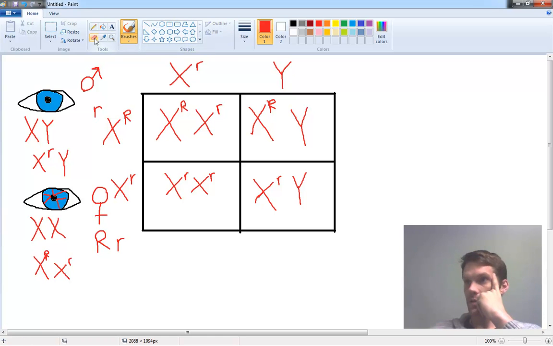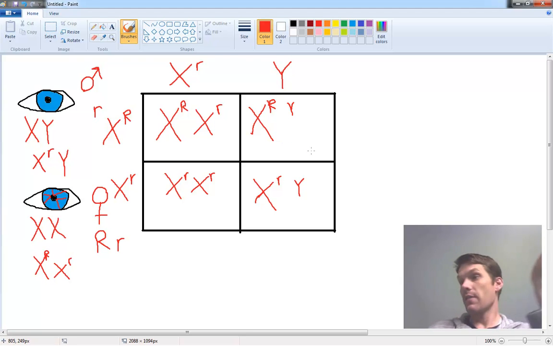So you could almost just erase this Y completely when we're talking about the colorblind allele. Say, okay, that one X is only what's going to determine the allele. But we know that it does have a Y, but we'll just draw it smaller. It has a Y chromosome, but it's smaller, so it doesn't have the allele there.